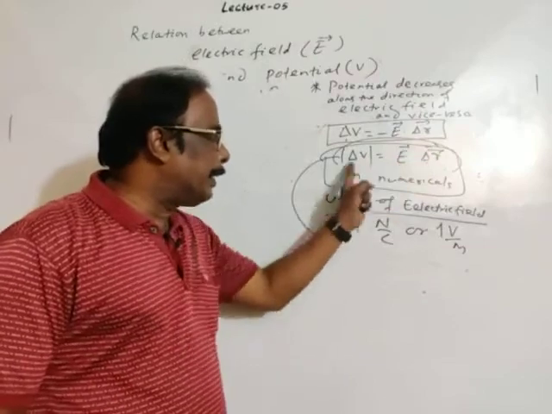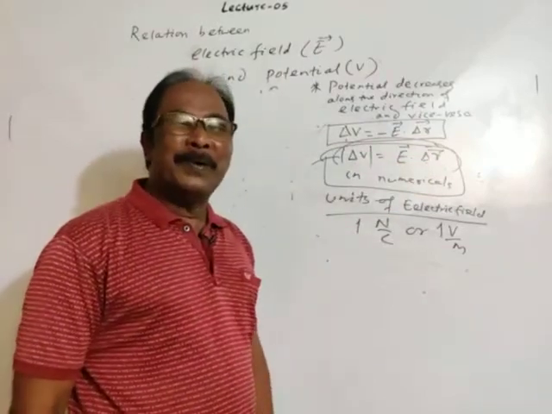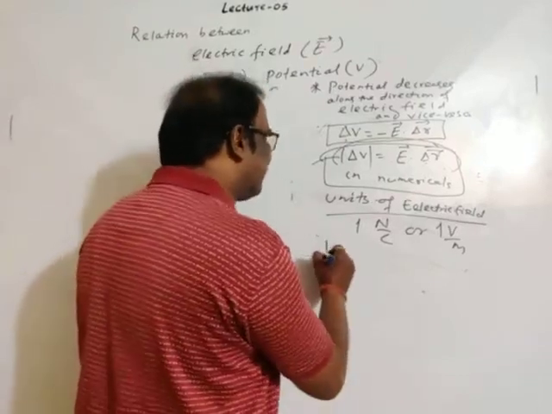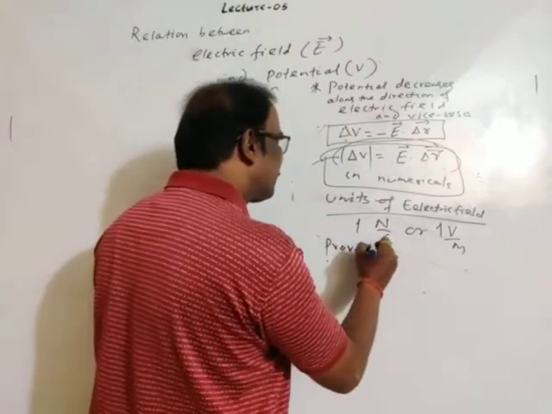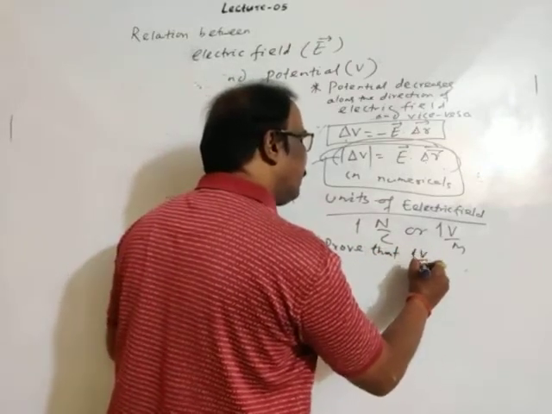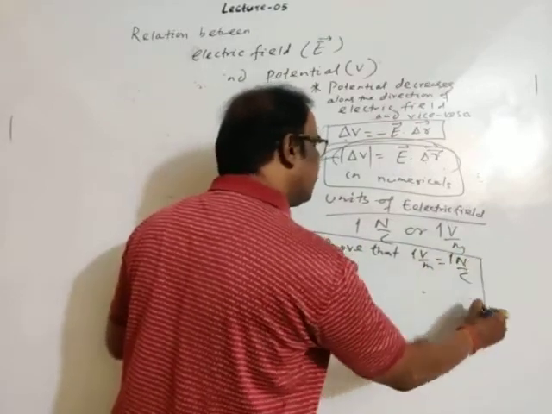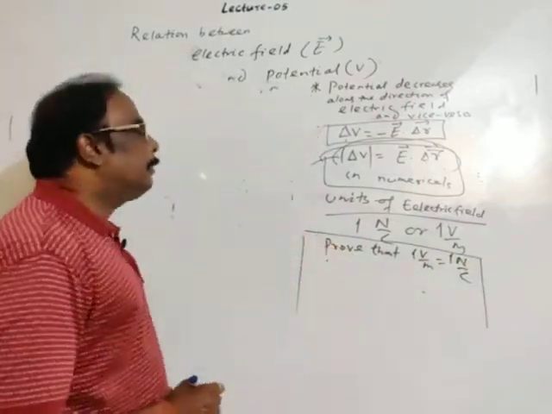Units of electric field is volt per meter. Sometimes in board level questions it may be asked to prove that volt per meter is equal to Newton per Coulomb.